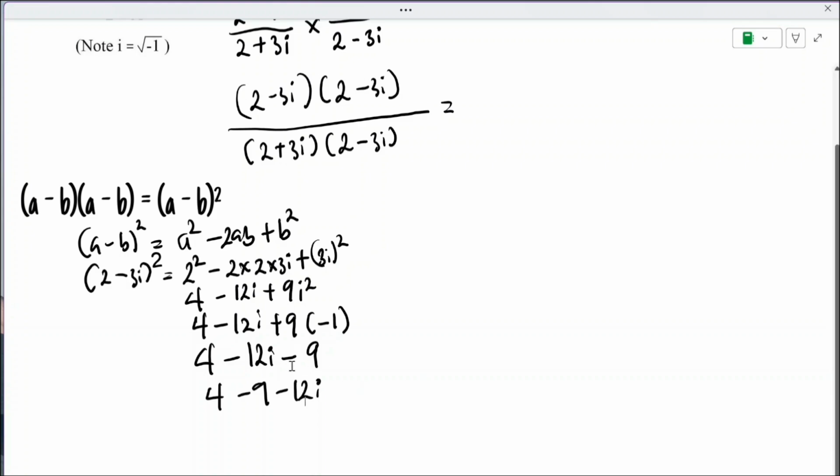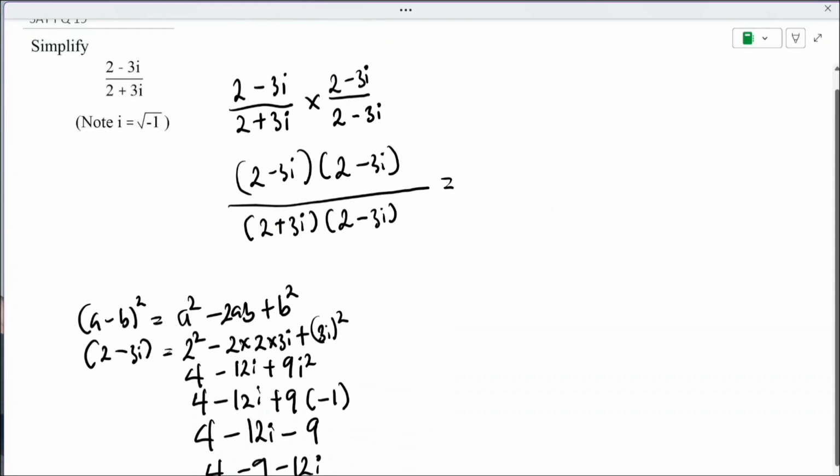Plus 4 means what you have, minus 9 means what you owe. What you owe is actually more than what you have, so your result will be negative because you still owe. If you take the 4 you have from the 9 you owe, you will still be owing 5. So this has negative 5 minus 12i. If you use this faster method, you get minus 5 minus 12i.